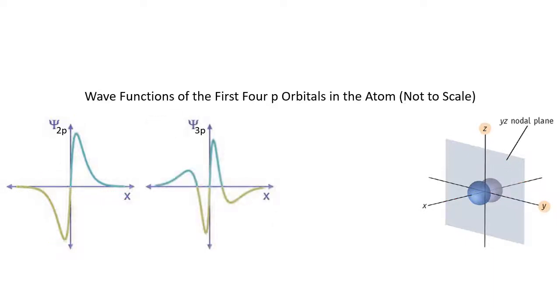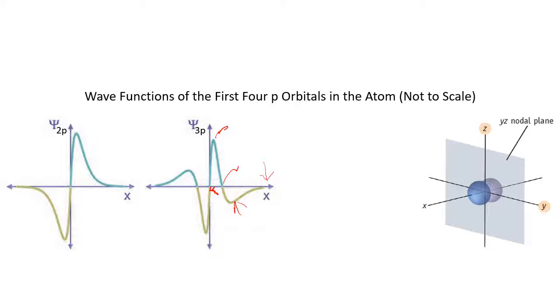So let's look at the shape of the wave function for the 3p orbital. And notice that this one is a little bit different. I have the same overall shape in that there's a 0 value of the wave function right here at the origin, representing the nucleus. I find a peak of the wave function on either side of that, but notice that after reaching a maximum, the wave function goes below 0, so I have a section of the wave function down here, and then it rises back up and extends back to the baseline as I go further away from the nucleus.